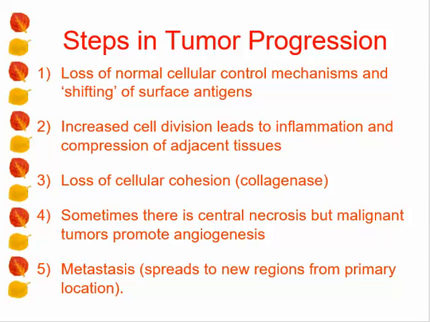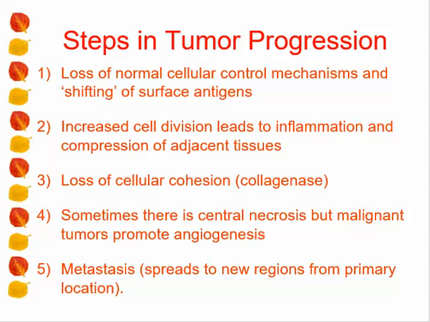And so cells will probably start to lose their cohesion. If the tumor gets too large, then the central part of the tumor will start to get necrosis. The cells die because they're too far away from their nutrients.